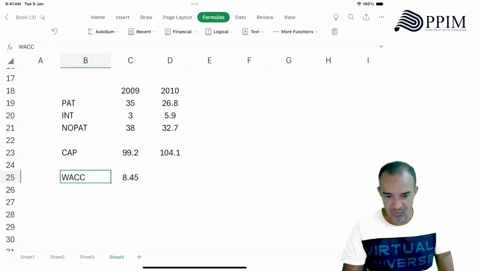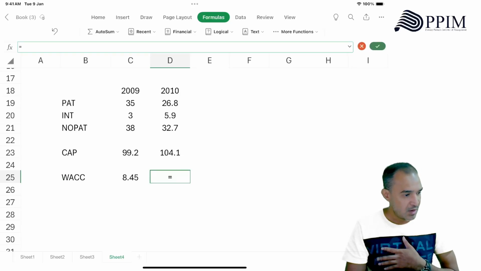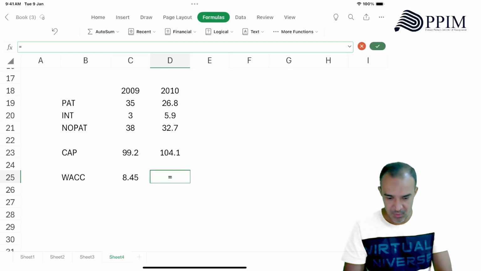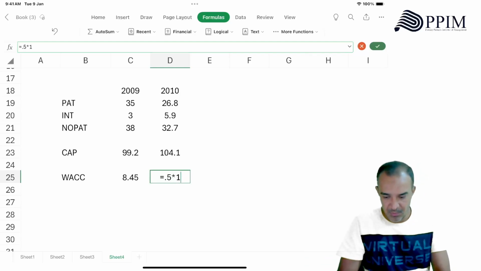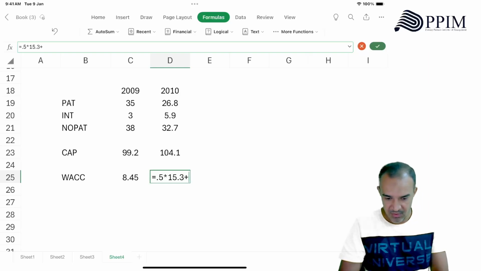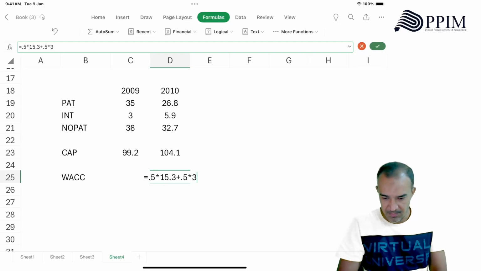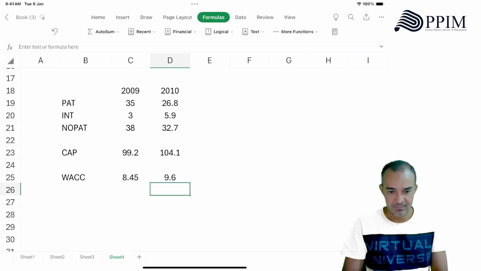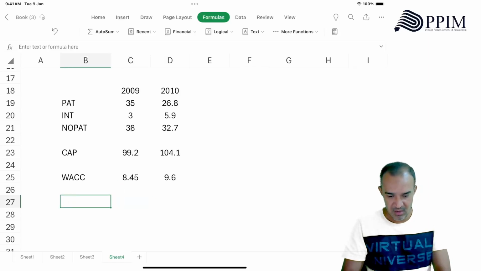So that is 8.45. And for 2010, it's 0.5 into 15.3 plus 0.5 into 3.9, that is 9.6.